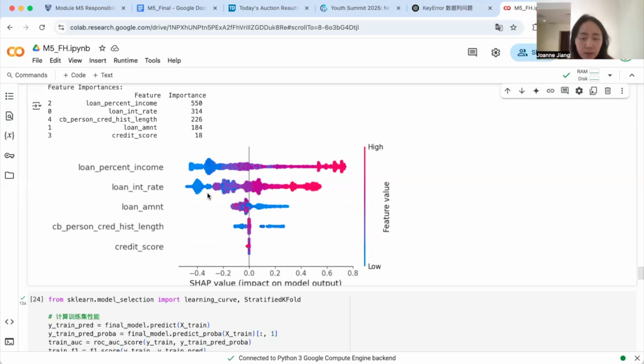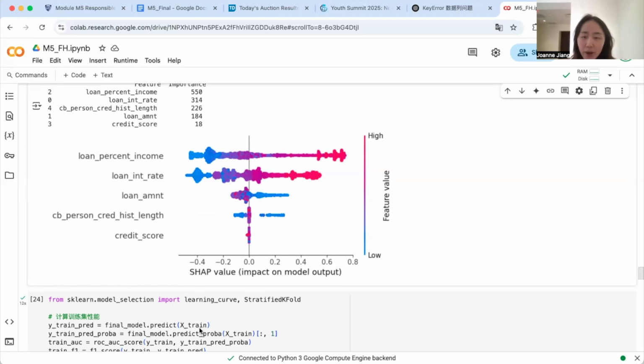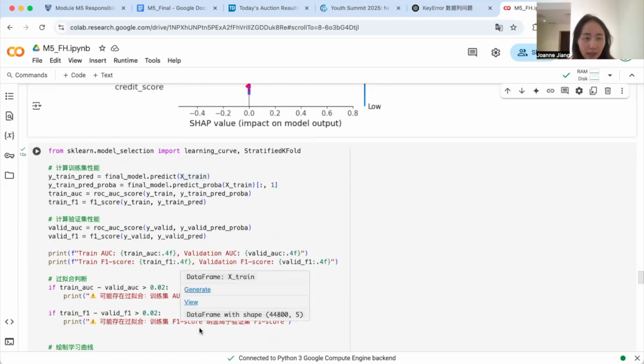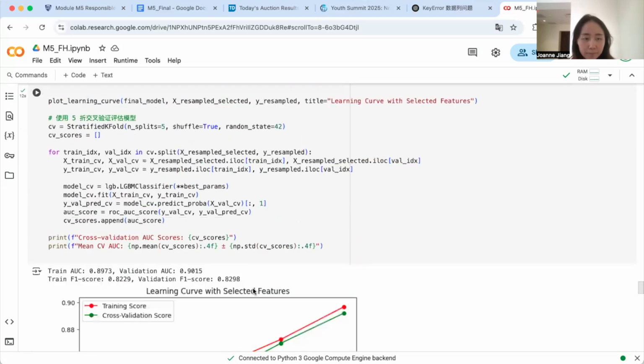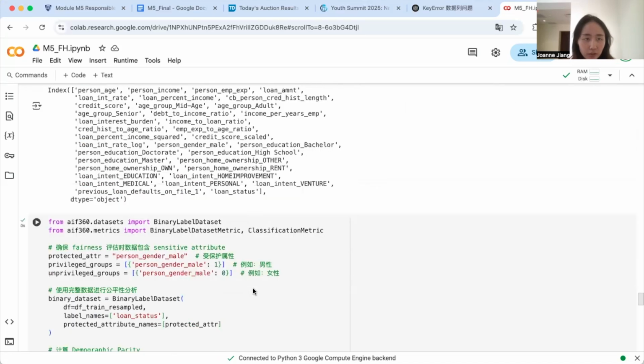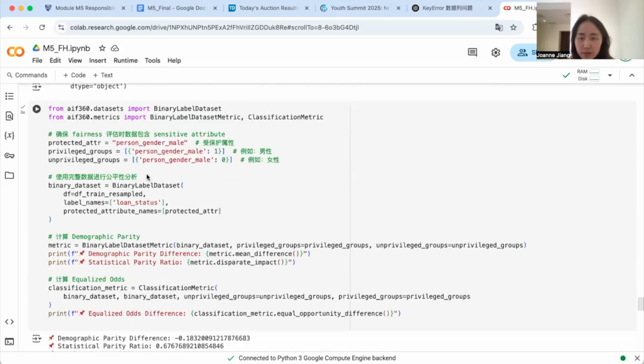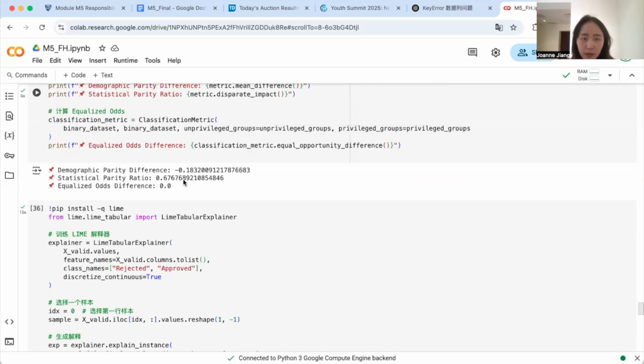So to ensure compliance with responsible AI principles, we conducted a fairness assessment using AIF 360. We measured the demographic parity difference, which shows a disparity of minus 0.18, indicating that the male applicants were approved at a higher rate than the female applicants.